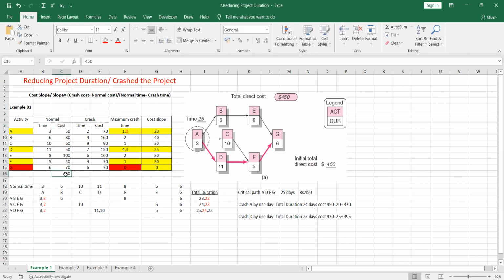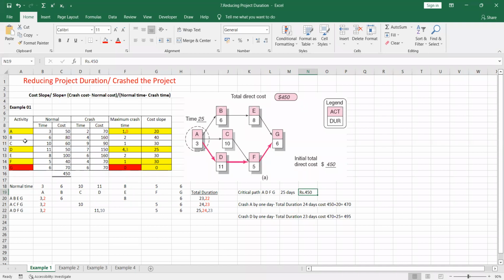Therefore, you have to take the summation of the normal cost. After taking the summation, the critical path is this, it is 25 days, and the cost is 450. So we have found that the G activity cannot be crashed because the maximum crash time is 0.